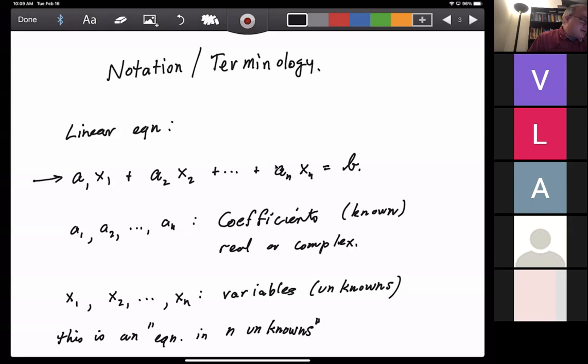So linear means that we don't have sine of x1 or x1 squared. Linear just means that every unknown that appears in the equation appears as itself to the first power. We just have the unknown, not a function of the unknown.